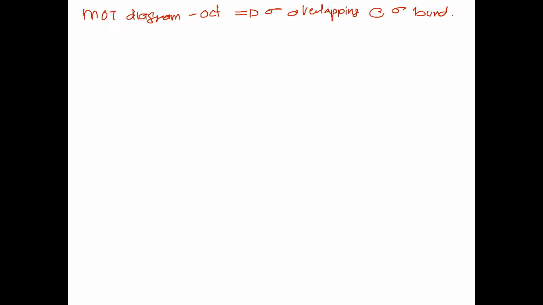So to draw the MOT diagram, of course, we must have two sides. The first, on the left hand side, will be the metal. As I mentioned before, it will have several degeneracies or several symmetry symbols. For example, we have the d, and then we have the n minus 1 d.